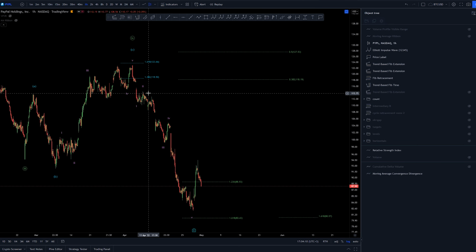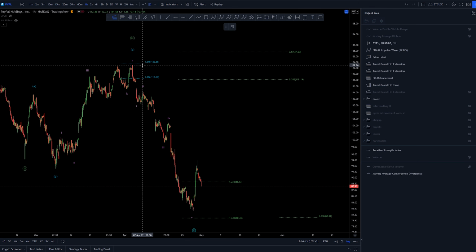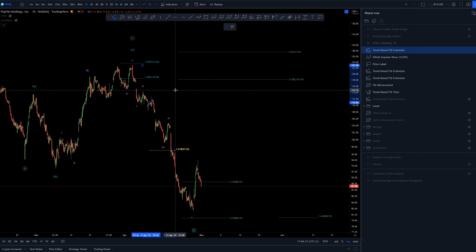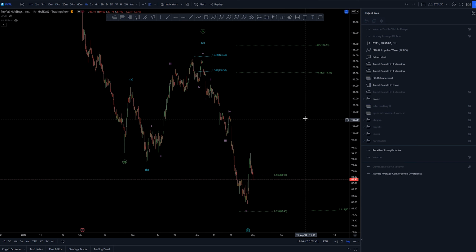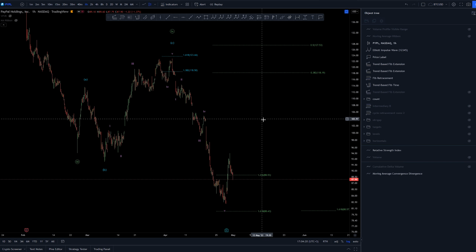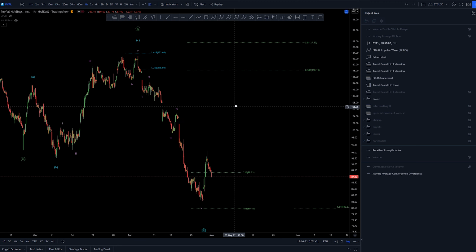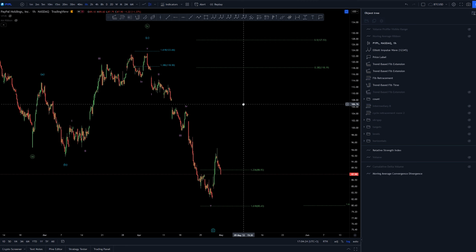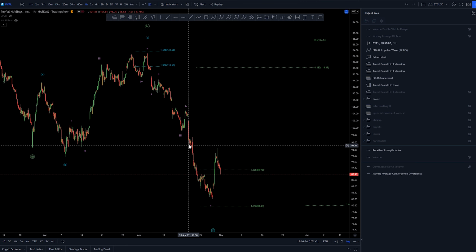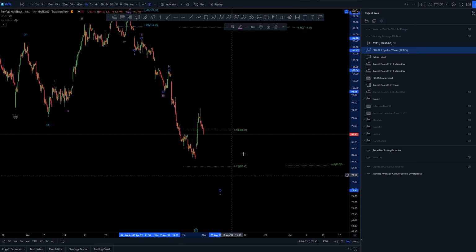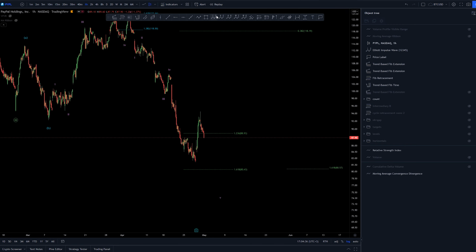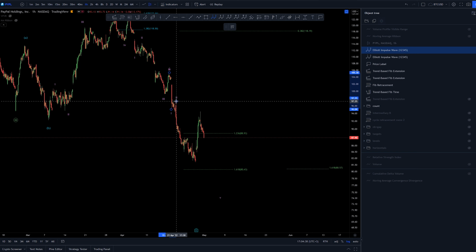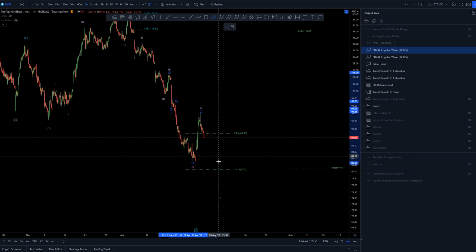But something I don't like is how small the wave 3 is here. So this could be a smaller degree of something here. Also, if we say that this is okay, it's not overlapping here with the wave. If we are thinking that wave 5 would be extended, we could be saying that this is 1, 2, 3, 4, and now looking for the last leg downwards.